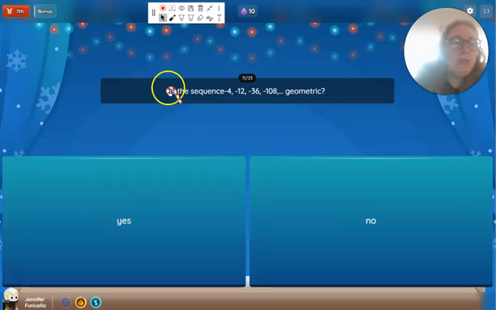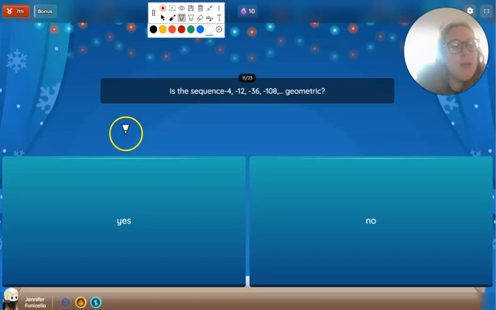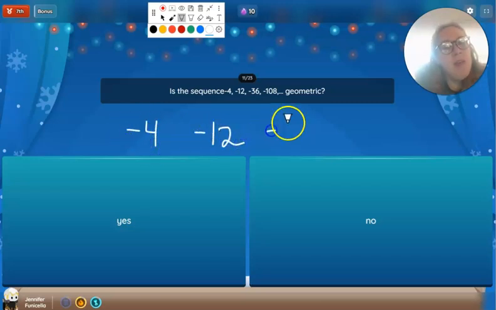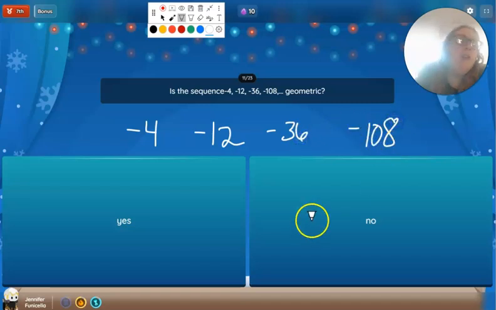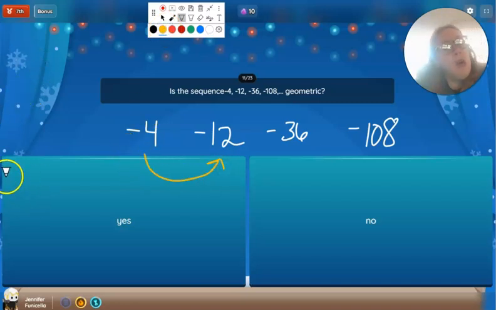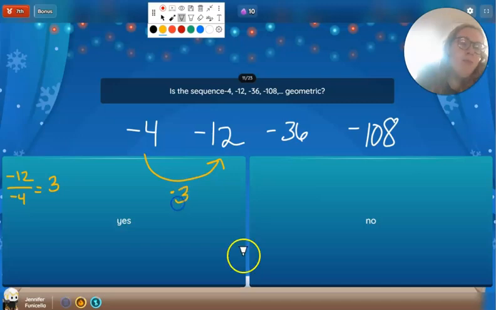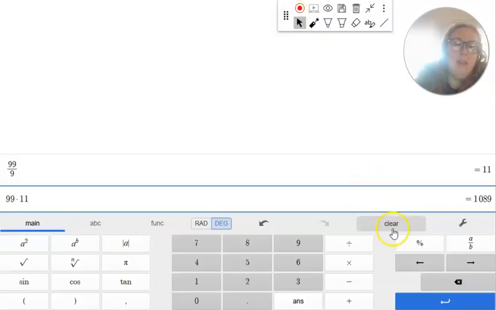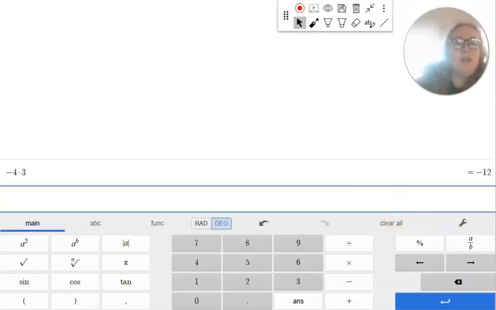Question 11, is this one geometric? Okay, so let's look at what we have. Negative 4 to negative 12 to negative 36 to negative 108. Negative 4 to negative 12. Again, if you're not sure what that is, you just do negative 12 divided by negative 4, which is a positive 3. So we had negative 4 times 3 got us negative 12.